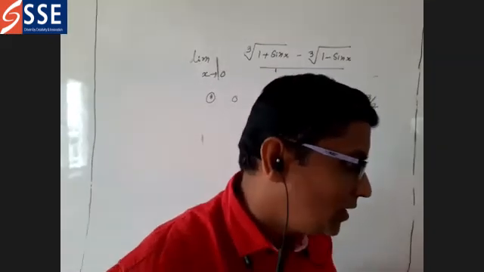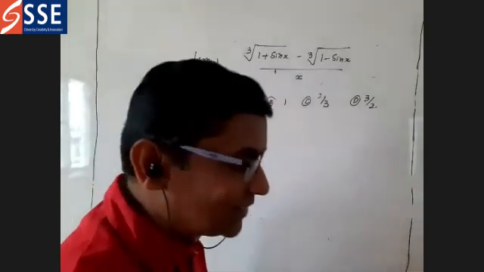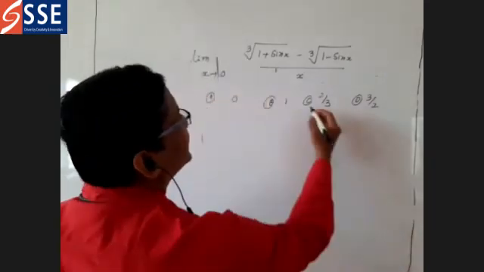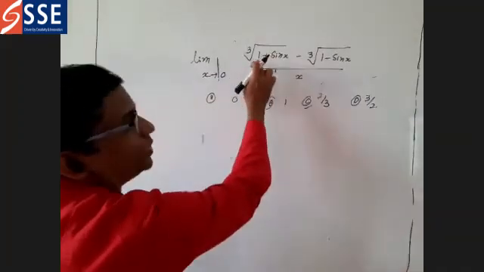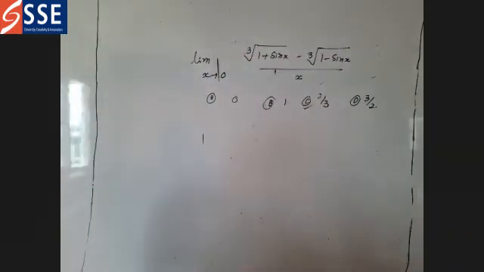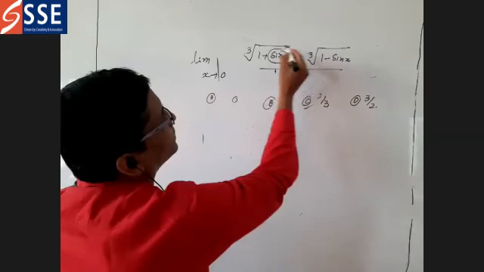Very good, very good. 2 by 3 is the answer, 2 by 3, not sin x. Why? Because see here, whatever it may be, this is in the form of pth root of, I already told you. So cube root of 1 plus sin x. This is also considered as x.